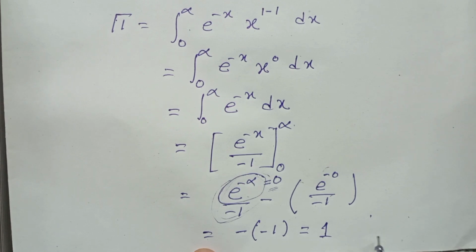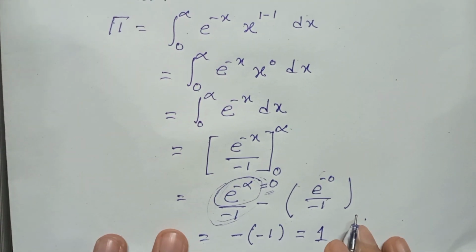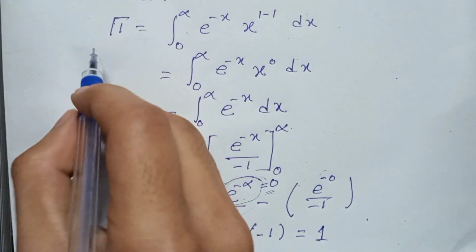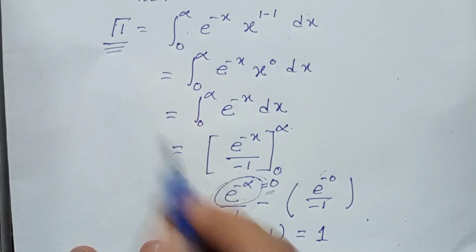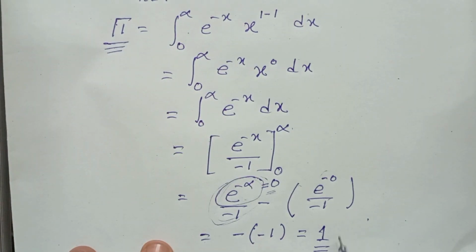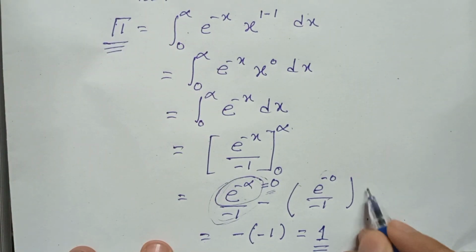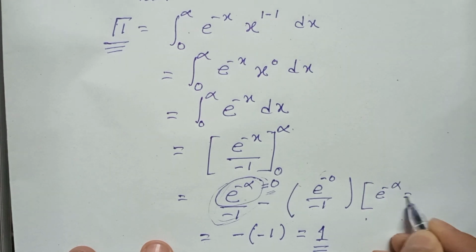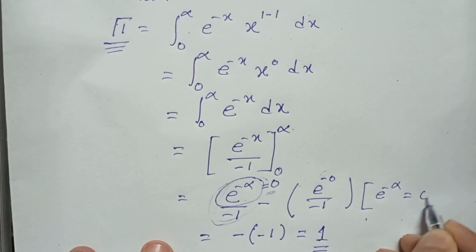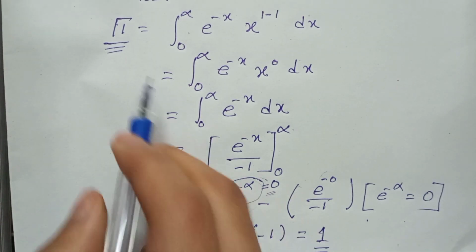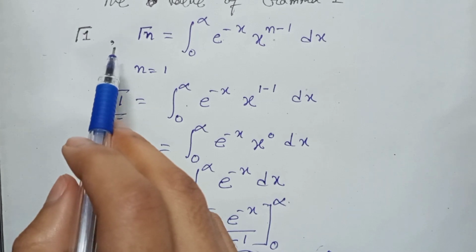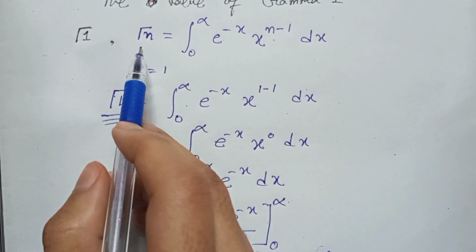So ultimately we get that the value of gamma 1 is equal to simply 1, and what we have used here is that e to the power minus infinity is equal to 0. Let us look at it again: we have defined what the gamma function is.